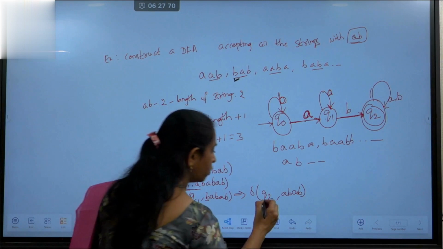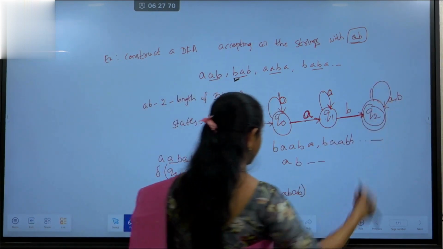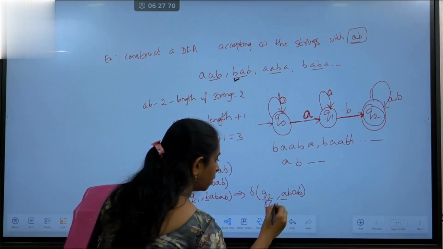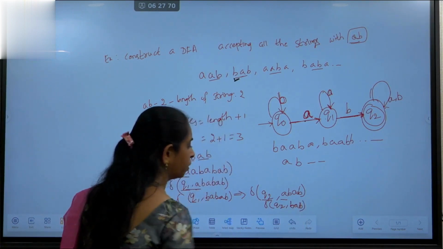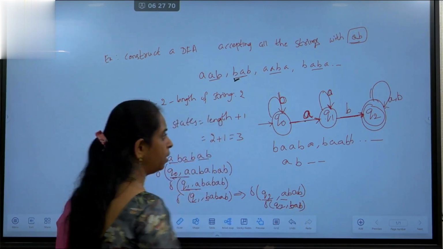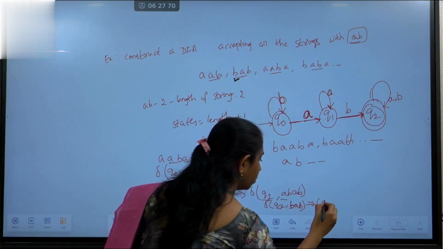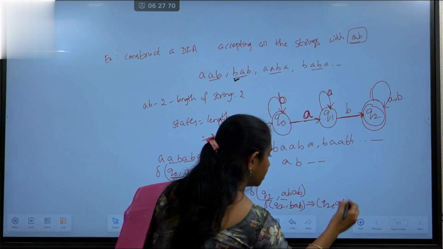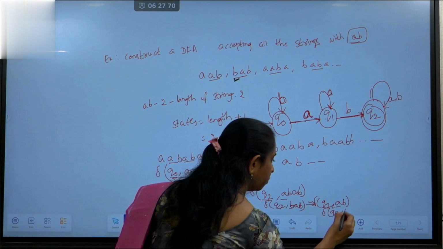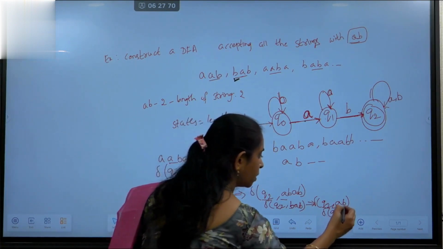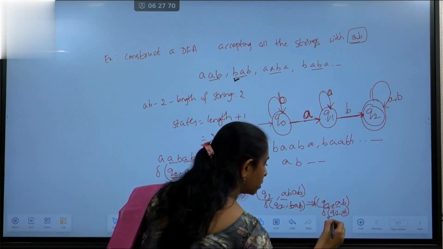Next, Q2 on input alphabet A is the same state, Q2, and the remaining string is BAB. Next, Q2 on input alphabet B is Q2 itself, and the remaining string is AB. Q2 on input alphabet A is Q2 itself, and the remaining string is B. Delta of Q2 comma B is Q2 itself.